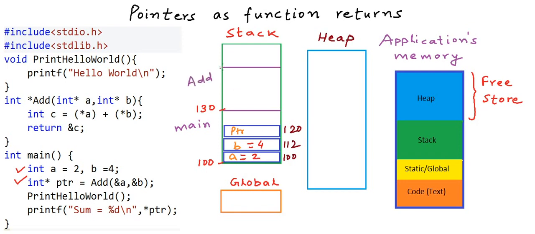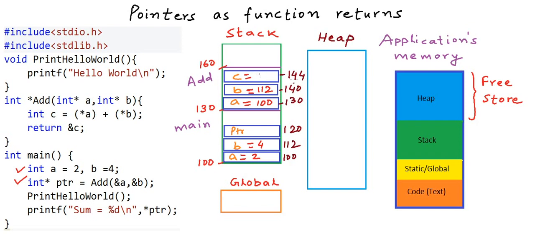Let's say add gets memory from 130 to 160, and add also has three local variables, a, b and c. A and b are pointers to integers. The value of a will be 100 and the value of b will be 112. Let's say their addresses are 130, 140 and 144. Once again, these are just random assumptions.